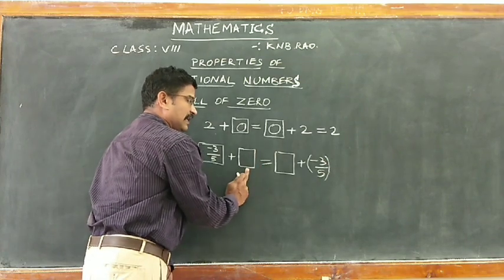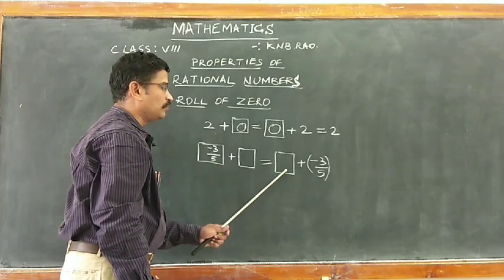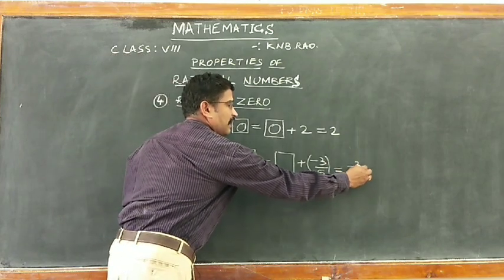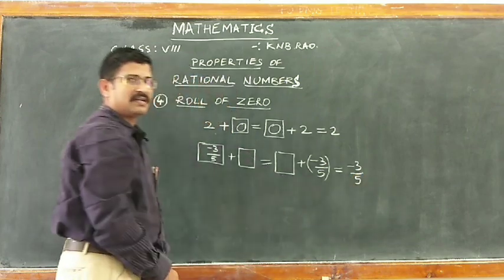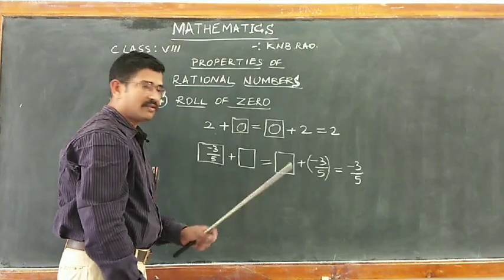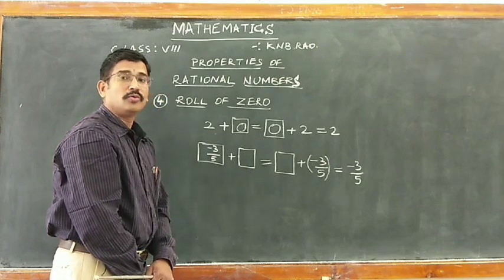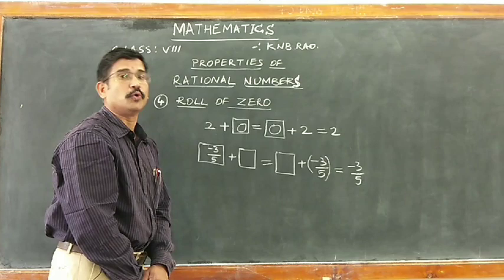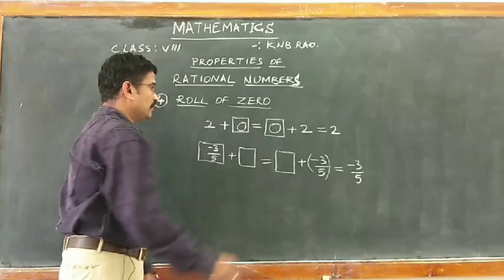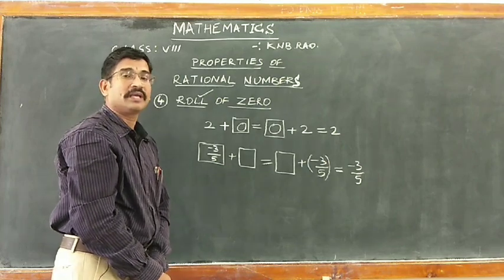When I add any number to this minus 3 by 5, or minus 3 by 5 added to that number, it gives us the same rational number minus 3 by 5. Is there any such number other than 0 doing this? No number other than 0 does this. So, this is the speciality of 0, that is the role of 0 in addition.